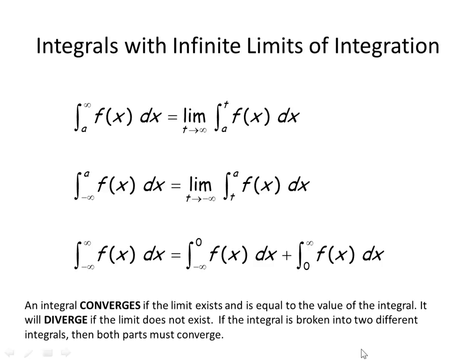When you apply the integral, you're going to have a t in your function, and then you're going to turn around and apply the limit. Okay? So you're going to rewrite this, taking the infinity out of play by putting it into the limit. So you're going to do the limit as t goes to infinity of a number up to t of your function. Then you're going to take the antiderivative of your function. You're going to plug your boundaries into that antiderivative and then apply the limit.